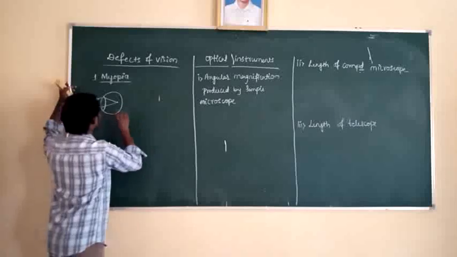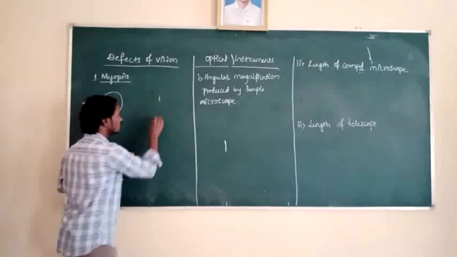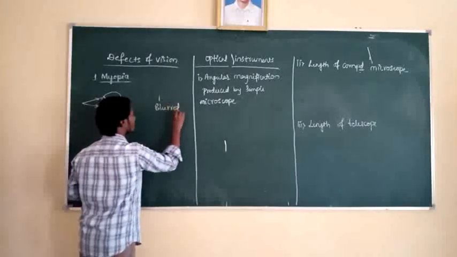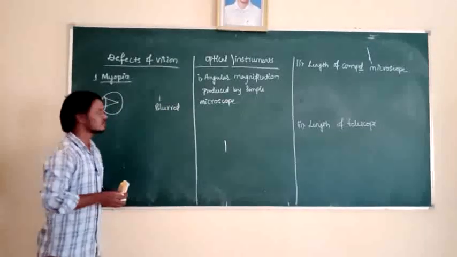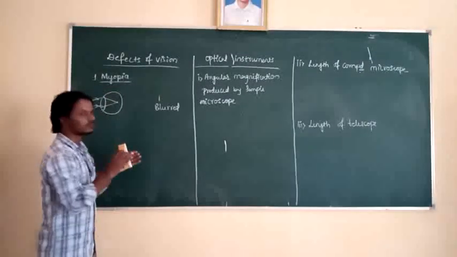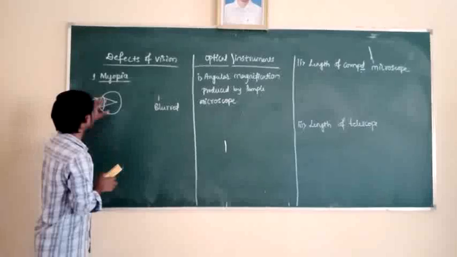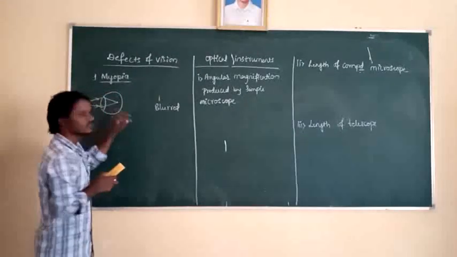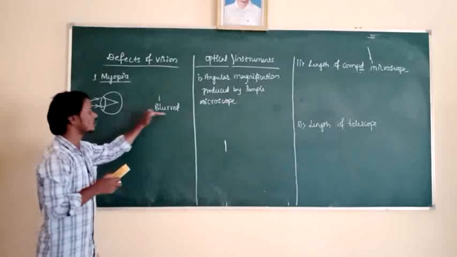Then the image of the object appears to be blurred. It is not clear. When all refracted rays meet on the retina, then the image is clear. But here the refracted rays meet in front of the retina, so this image is not clear. It is a blurred image.